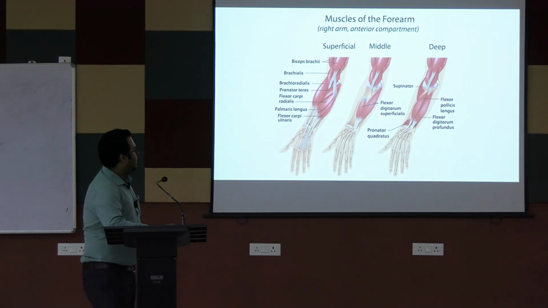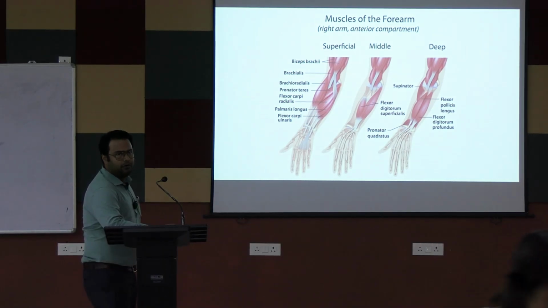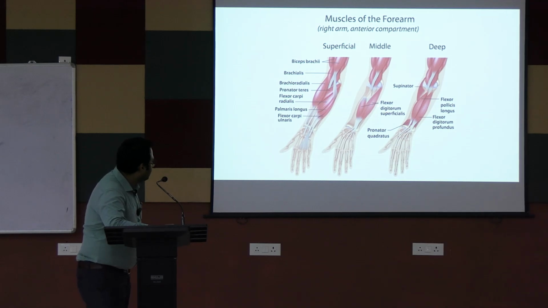Okay, and another quick recap, all these muscles are mainly supplied by the median nerve or its branch, the anterior interosseous nerve, except the medial part of flexor digitorum profundus and the flexor carpi ulnaris, which is supplied by the ulnar nerve.